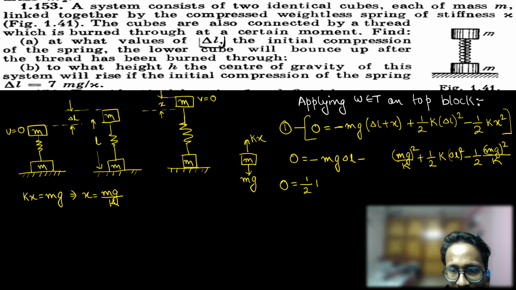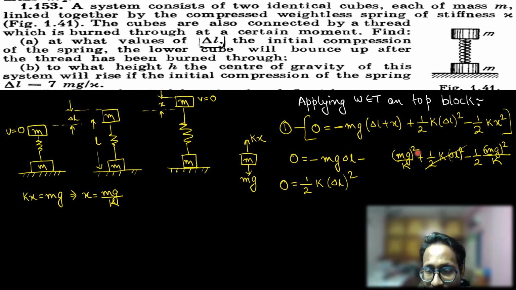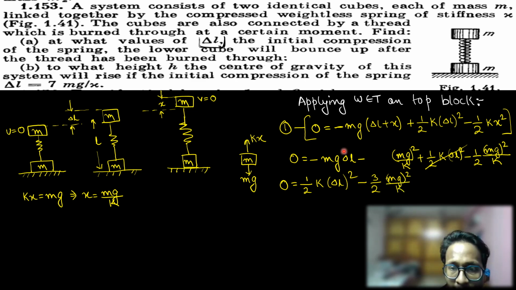This mg square by k minus mg square by k and minus half mg square by k would become minus 3 by 2 mg square by k. And this minus mg delta L would come out here. Minus mg delta L.